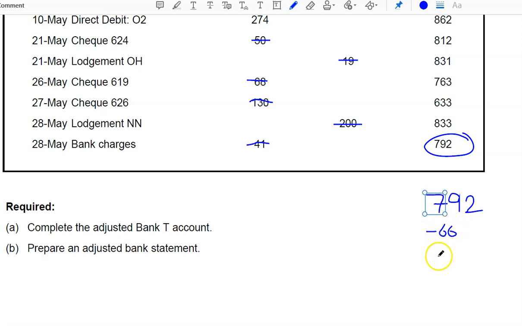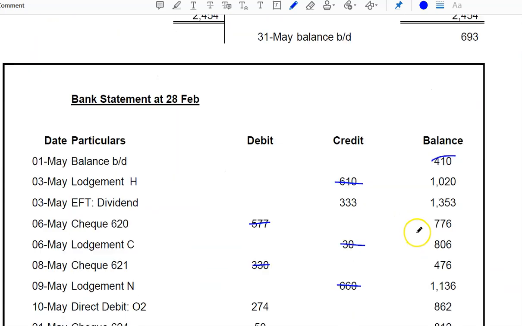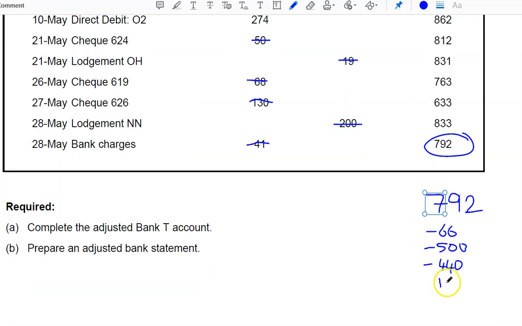So minus 66, minus 500, and minus 440. Those three. And then on this side we have a lodgement that we lodge on the end of the month of 100. So the bank hasn't processed that, we know that's going to come in.